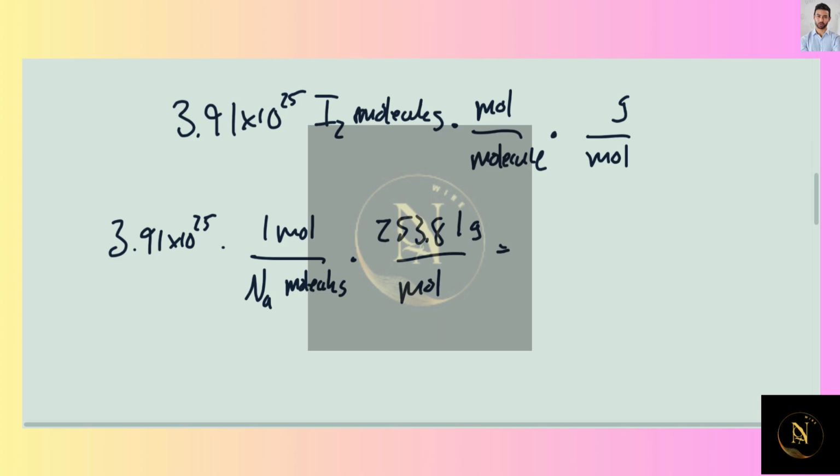I see 3.91 times 10 to the 25th divided by Avogadro's number and times 253.81 for a final answer of 16,479 grams, which if we want to keep sig figs, we would have to write in scientific notation. So we'd have to do 1.64 times 10 to the 1, 2, 3, 4. There we are.